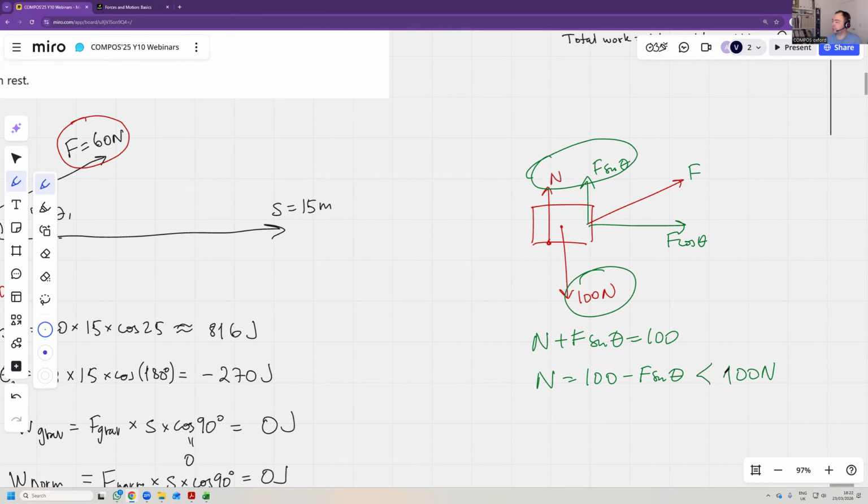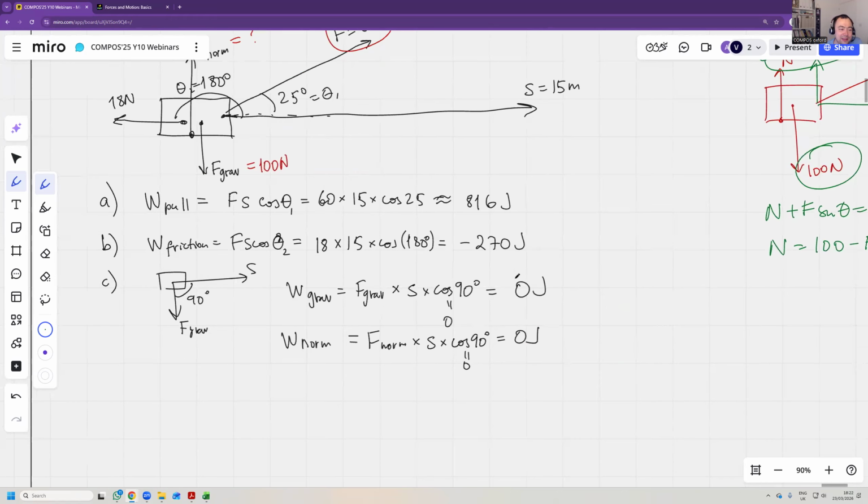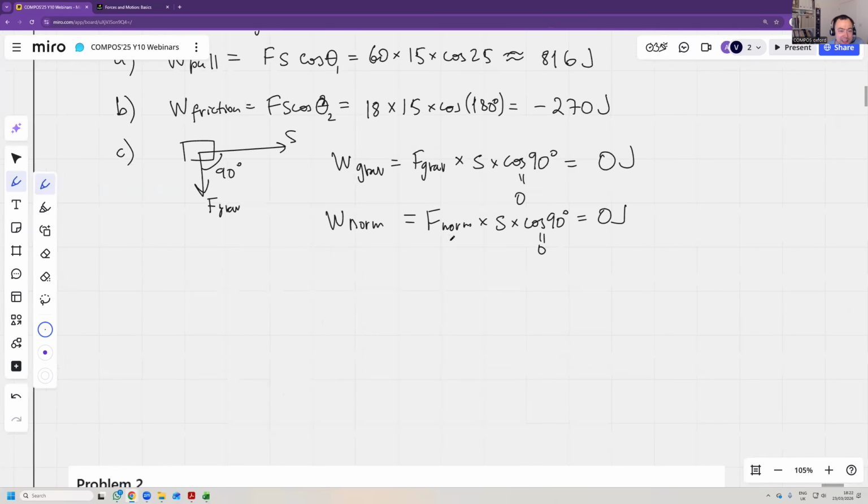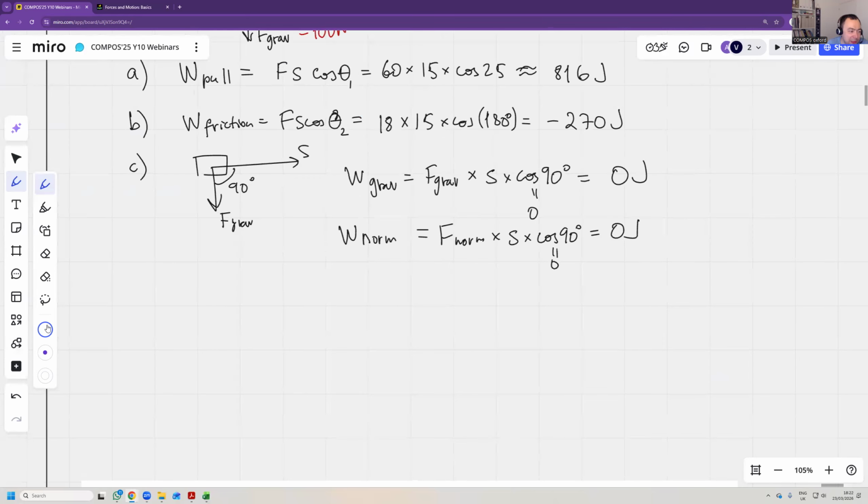So the normal force, it's a simple thing: if you're trying to lift something off the ground, the normal force reduces, right? So you're kind of helping the ground. But let's get back to our question, because the work done by the other two forces is zero. They're not doing any work, and that's important to understand.